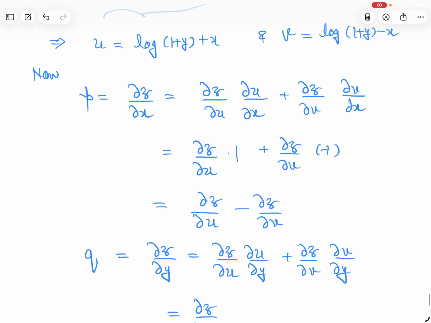The value of u is this. Del u upon del y, partial derivative of u with respect to y, what will it be? The log of x will become 0. What will log 1 plus y become? 1 upon 1 plus y.